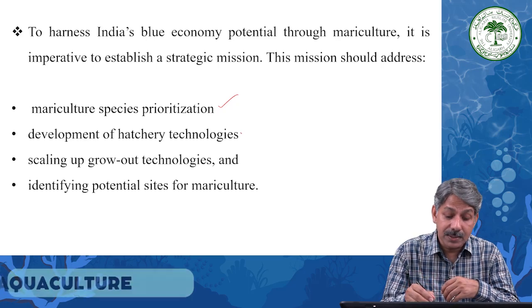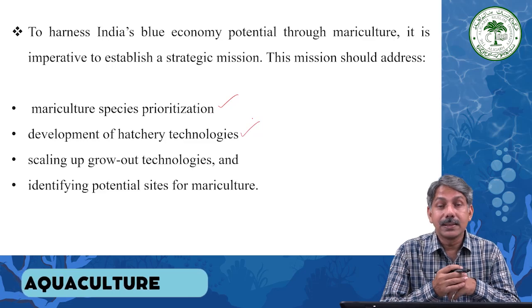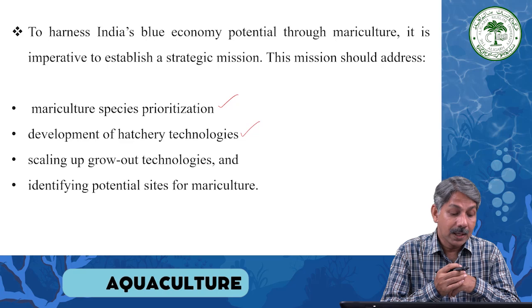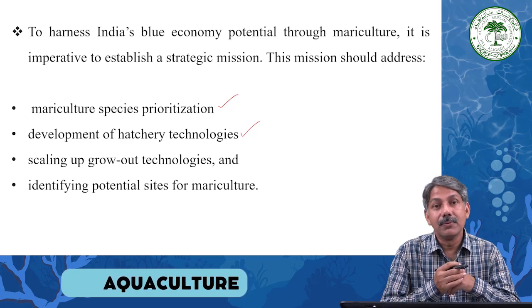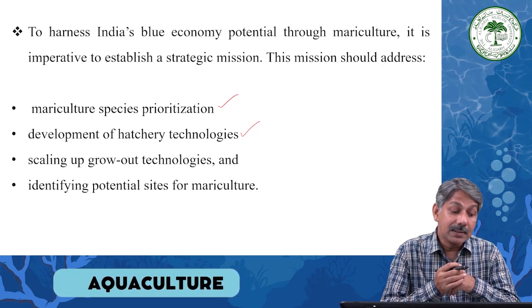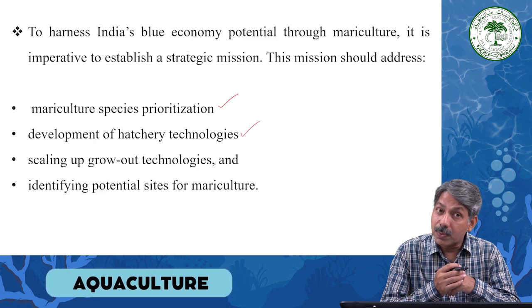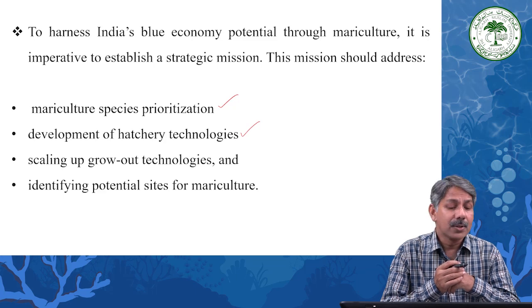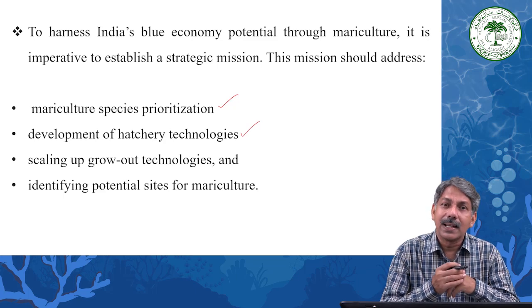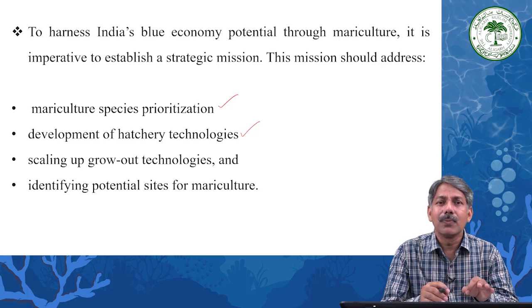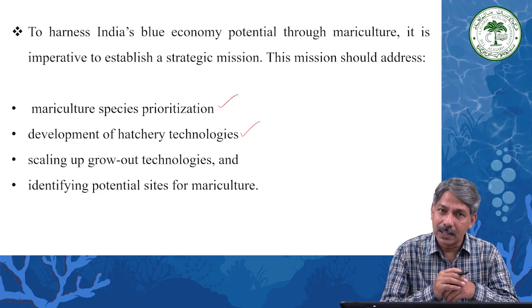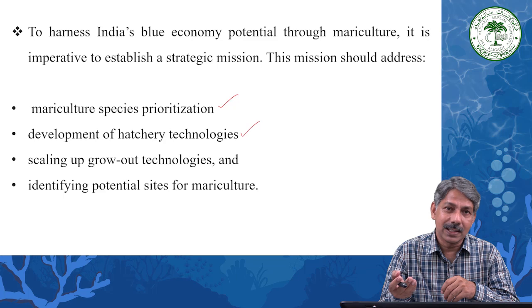Development of hatchery technologies. Seed supply is one of the main hindrances to starting any fish culture or aquaculture activity. So this should be addressed very scientifically and very efficiently. In fact, the induced breeding programs or hatchery technologies for any particular species should be standardized in such a way that any person with little information or little training can do the seed production of the target species. Again, I will cite the example of Indian major carps.